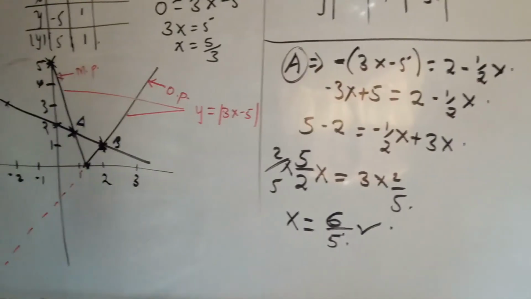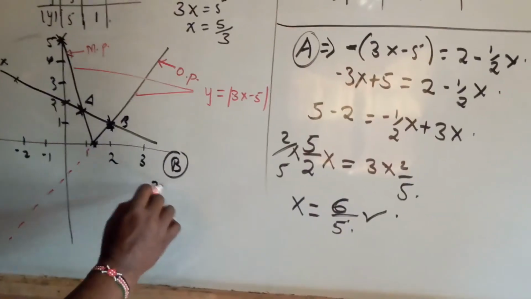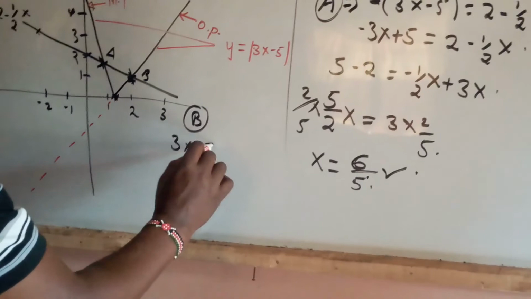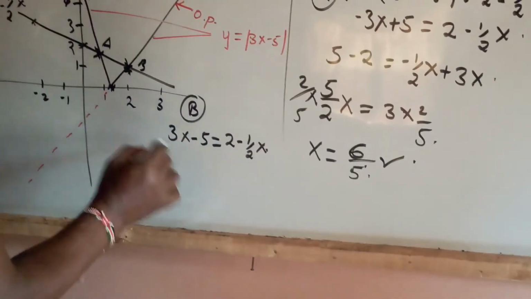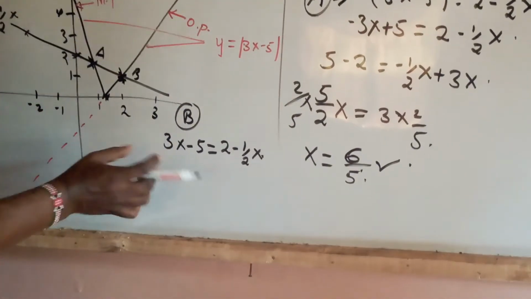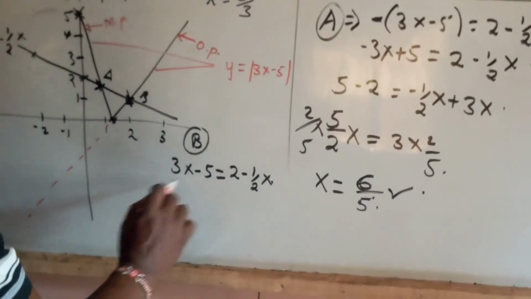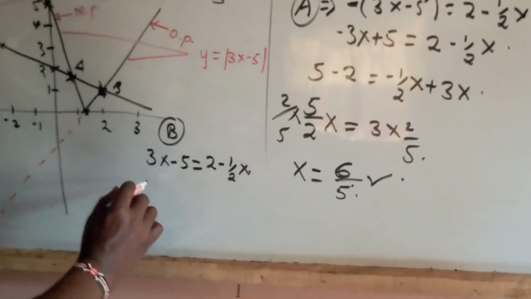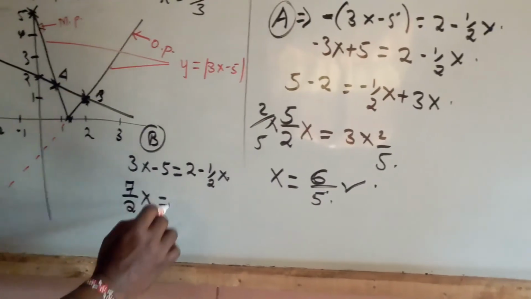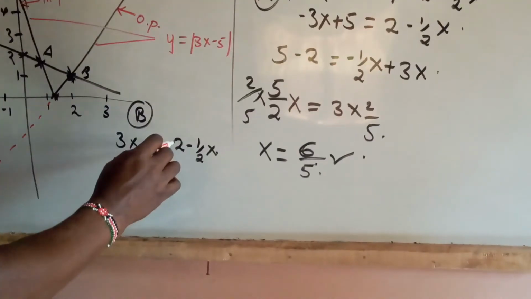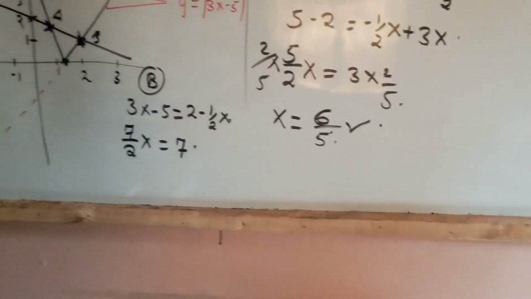If you consider point B, let's work it out here. At point B, we have 3x - 5 = 2 - (1/2)x. This is the positive part, so we are not going to introduce the negative sign. We have 3 plus a half, which is 3.5, or 7/2 x, equals 2 plus 5, which is 7.